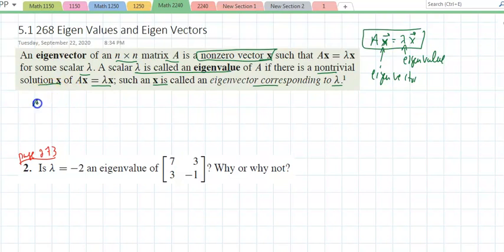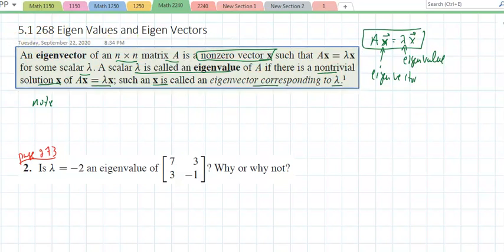Now, solving Ax equals lambda x in actual applications turns out to be a lot of work. So instead, if you have Ax equals lambda x, that's the same thing as saying Ax minus lambda x equals 0. And that is the same thing as saying (A minus lambda I)x equals 0, where in matrix land, 1 is really the identity matrix.